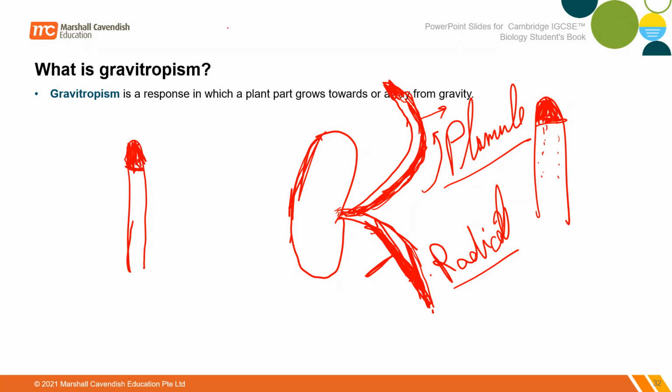طب في الفوتوتروبيزم يا يمنى أنا I have برضو هنا الأوكسينز اللي هي موجودة في tip of the plant and I have here sunlight. So light coming from this side.